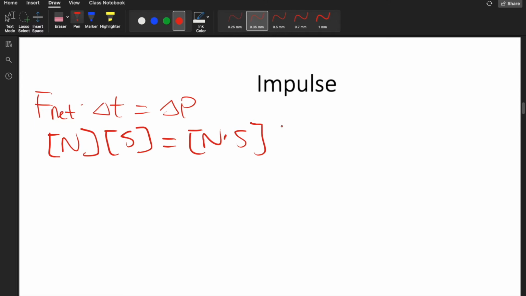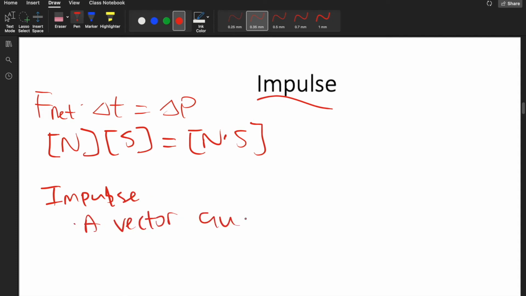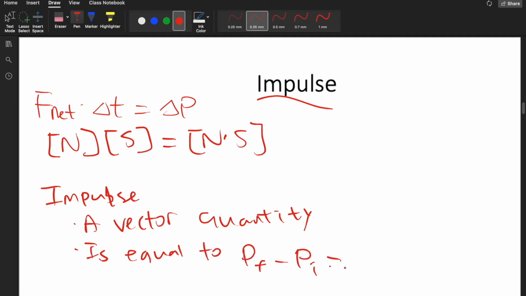So this is impulse. It also is a vector quantity, and is equal to final momentum minus initial momentum, which is equal to change in momentum.